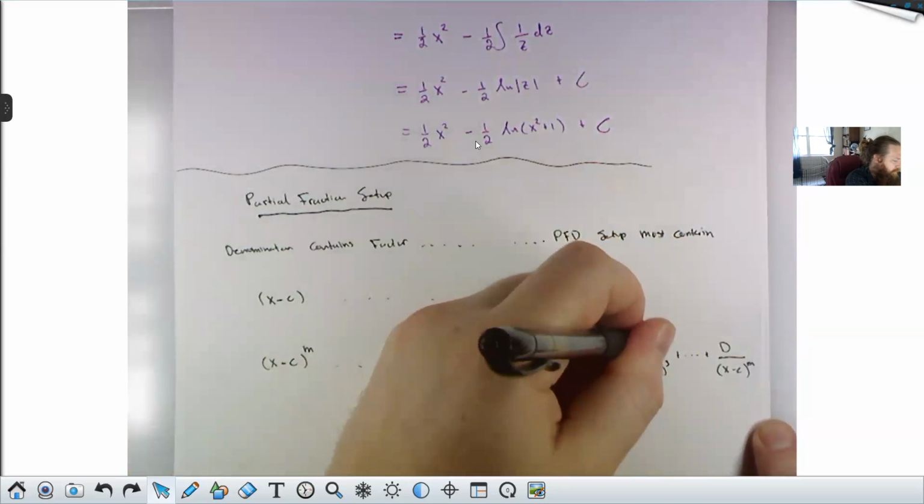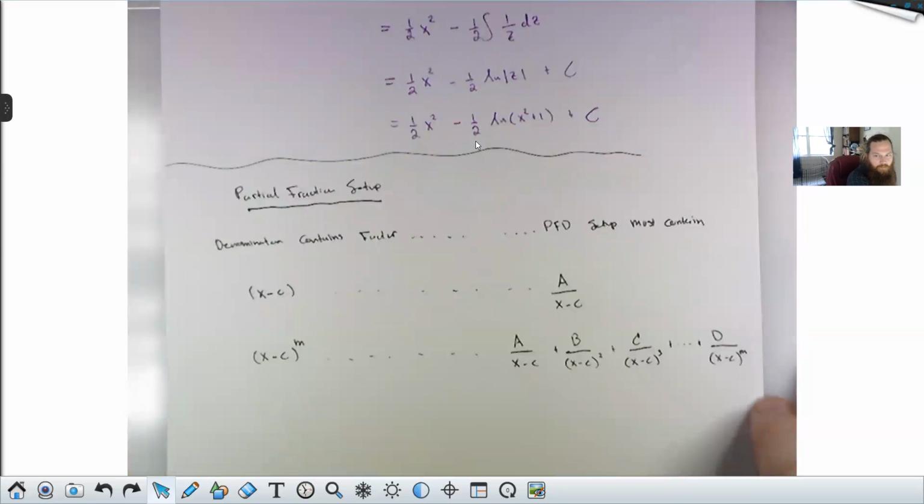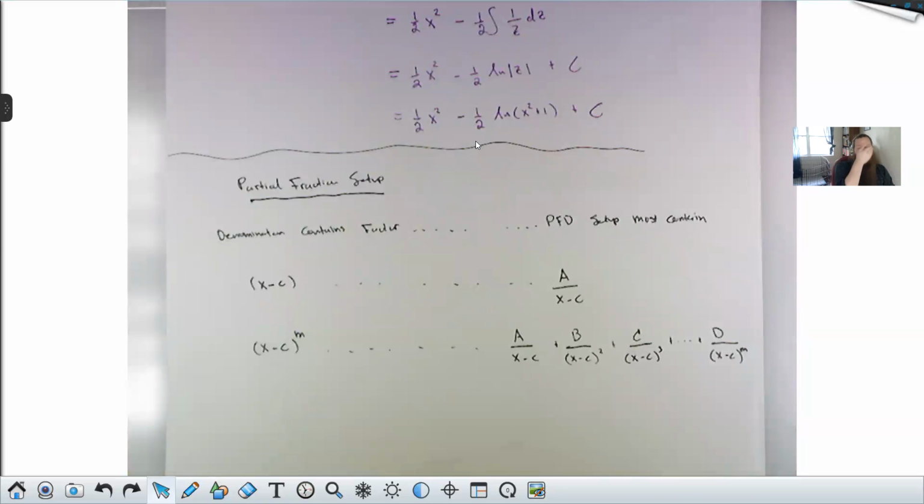I suppose I should make clear this is like a capital C, different from the lowercase c that I'm using for the root downstairs. So if you have like x minus 1 cubed, your PFD setup would have a over x minus 1 plus b over x minus 1 squared plus c over x minus 1 cubed, all just from that one term.